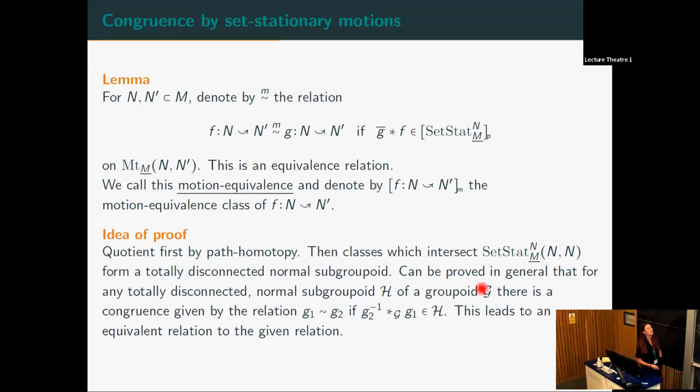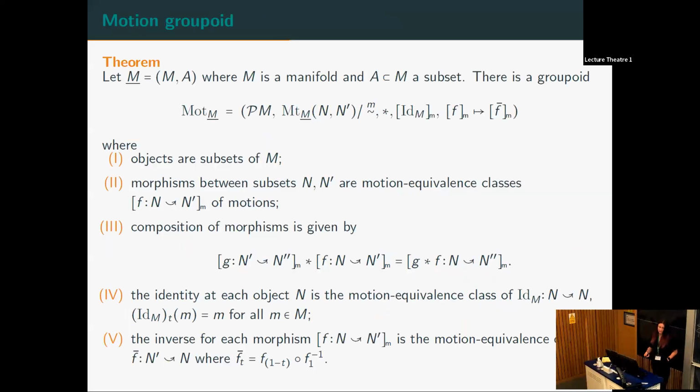And in general, it's always true that this g_2^{-1} star g_1 condition always gives a congruence when you're looking at a totally disconnected normal subgroupoid. So what we've essentially said here is that we really do get a groupoid in this way.